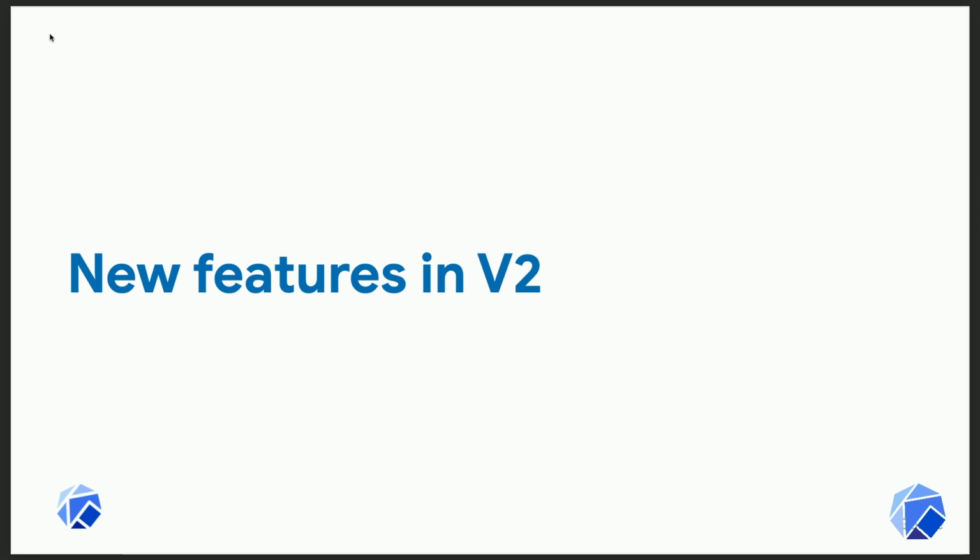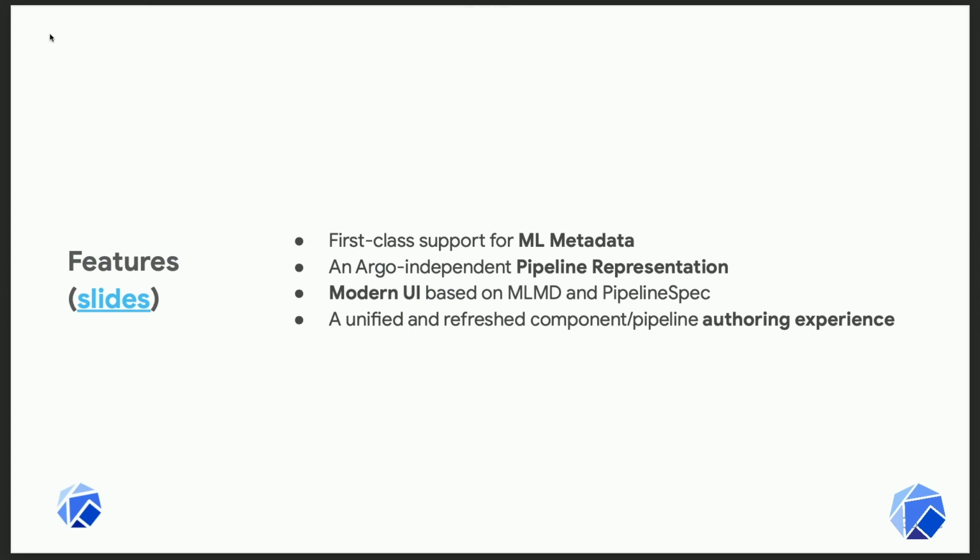Awesome. So a little bit of looking back at what we delivered in KFP v2. The next slide will have the new features. So first of all, we provide first-class support for ML metadata. Previously, we wrote data as a post action after each step to the ML metadata server.